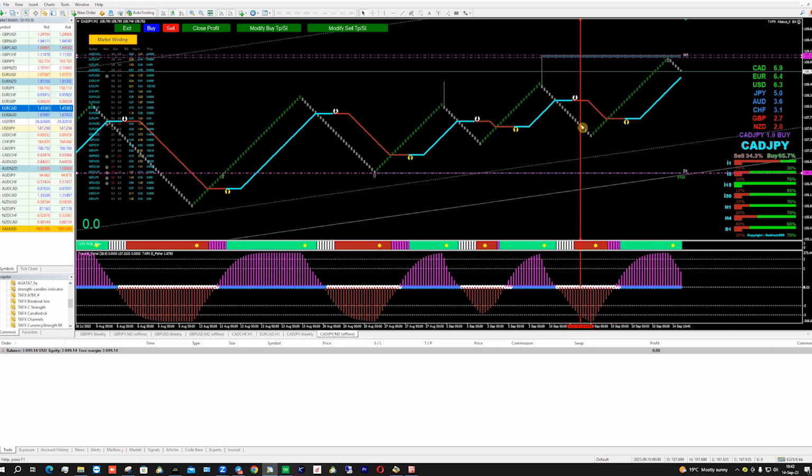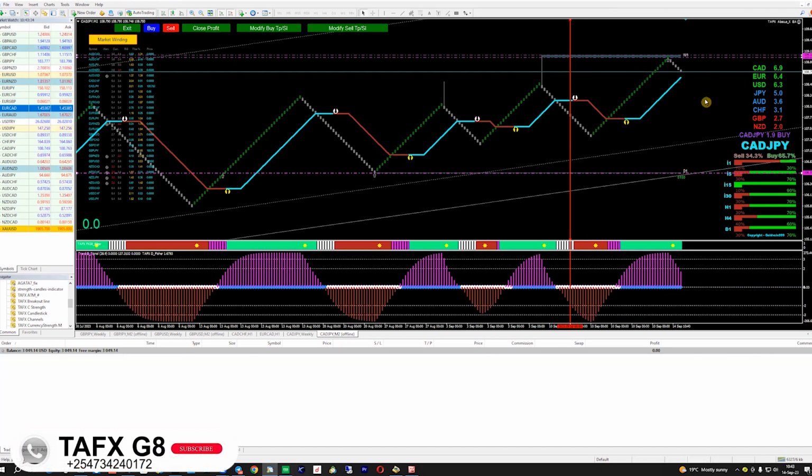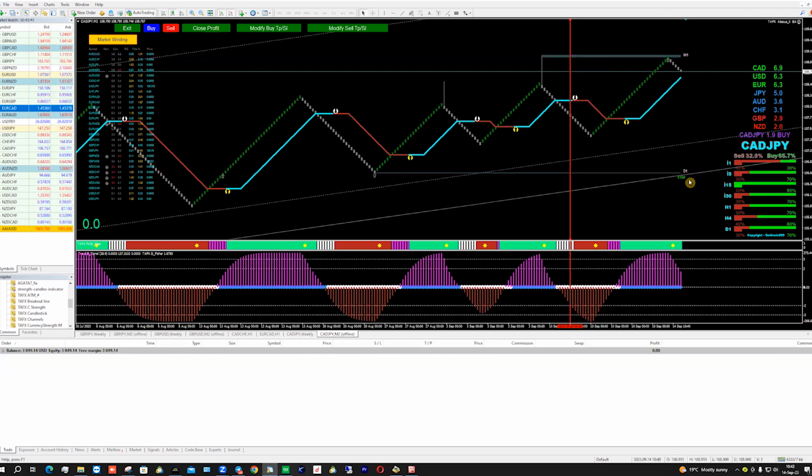Because remember, the market can just drop to this area and then continue going up. So that tells us we cannot buy that market until we break this area, or unless we get another resistance here. The reason why we cannot sell without confirming a good sell like this one, all right?